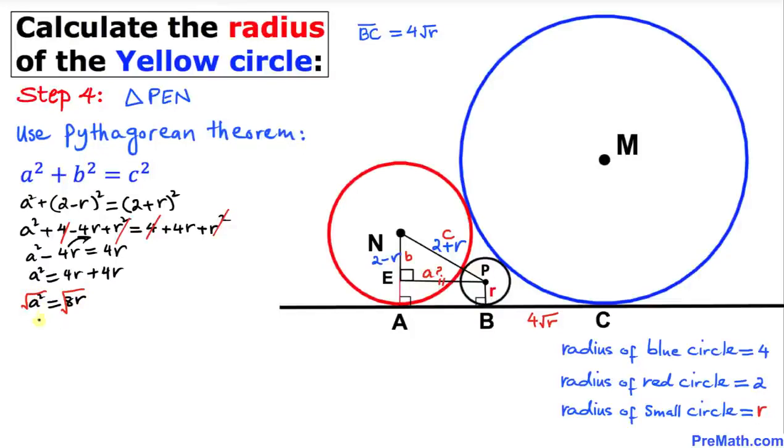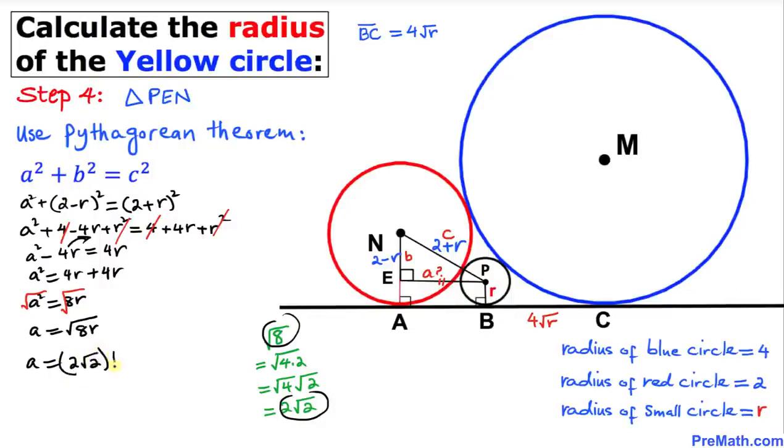So we are going to get simply a equal to square root of 8r. And if we simplify furthermore, a equals the square root of 8, which could be simplified as 2 times square root of 2. So I can write 2 times square root of 2 times square root of r.